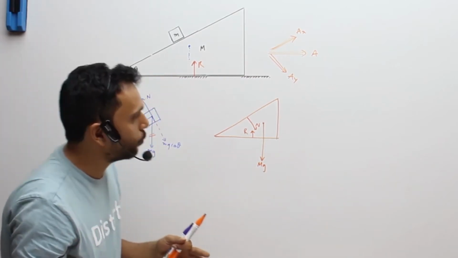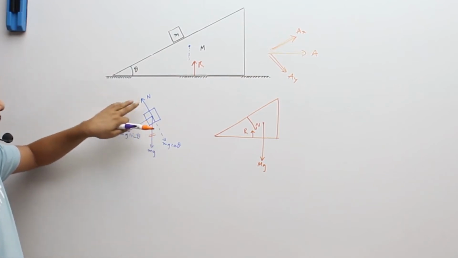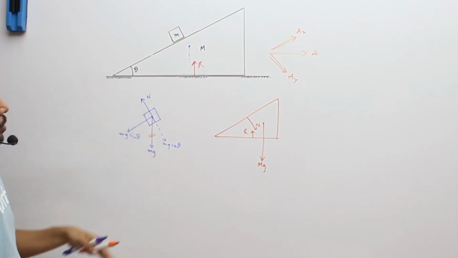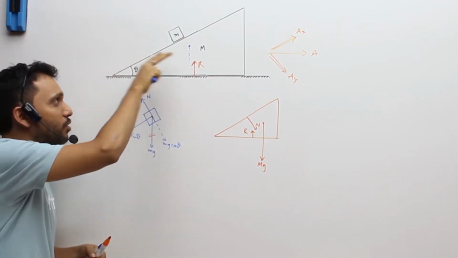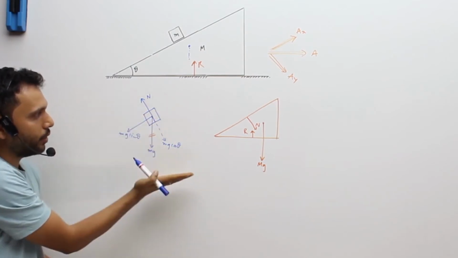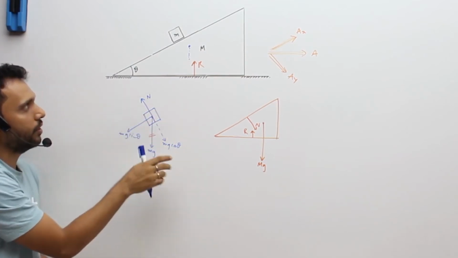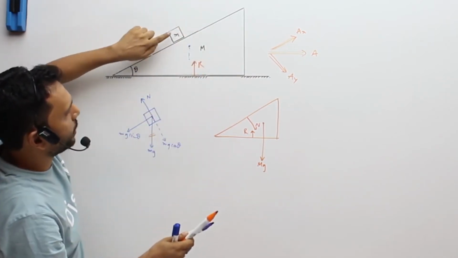So what I have told you earlier also, don't blindly put mg cos theta equal to N in wedge questions, because here it is not going to be the same, because the wedge is moving. The wedge is moving means the wedge is going to go down like this, so it is going to relieve the push. If the wedge had been going like that, it would have been pushing it harder.